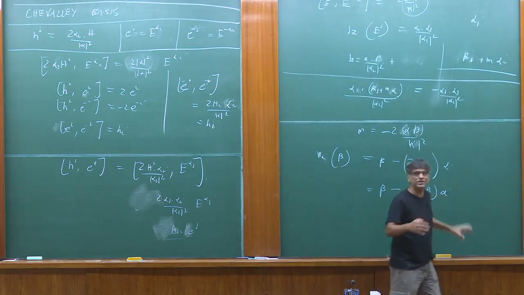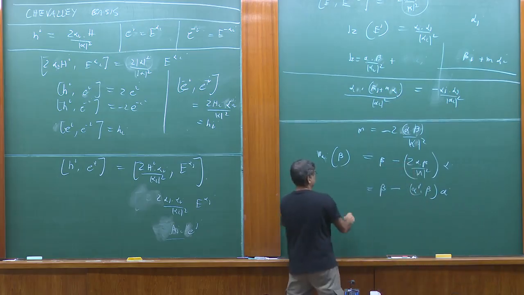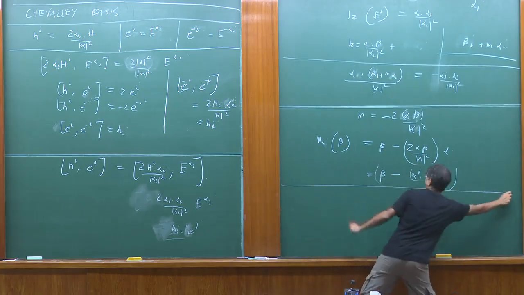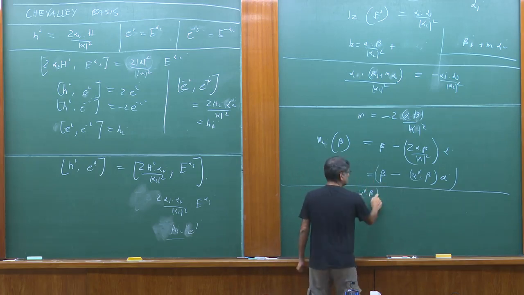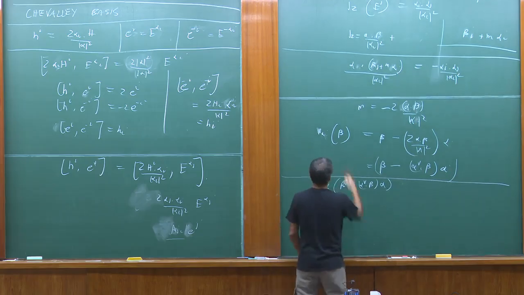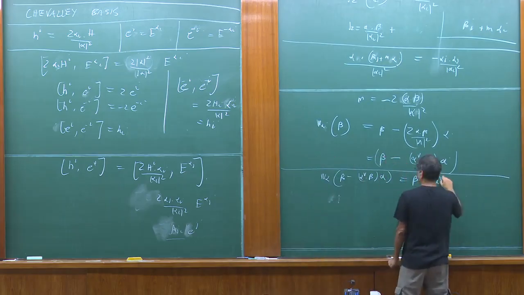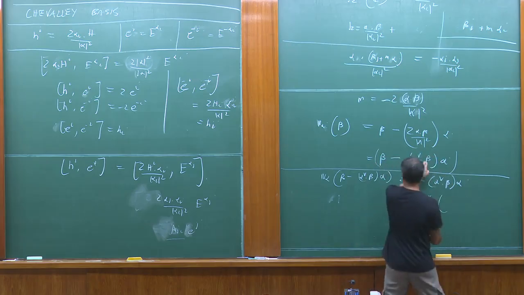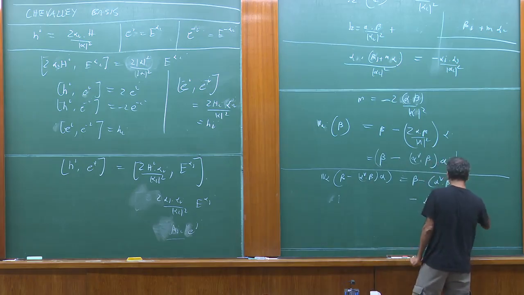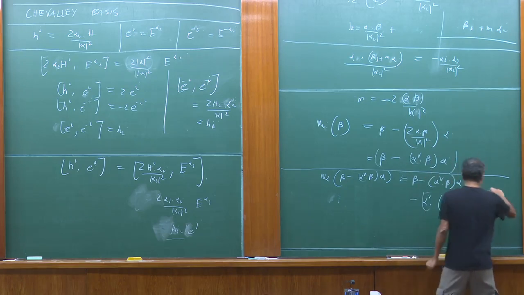The algebraic check would be that if I act with W alpha on W alpha of beta, which is beta minus alpha v dot beta times alpha, I get beta minus alpha v dot beta alpha minus alpha v dotted with that, times alpha.